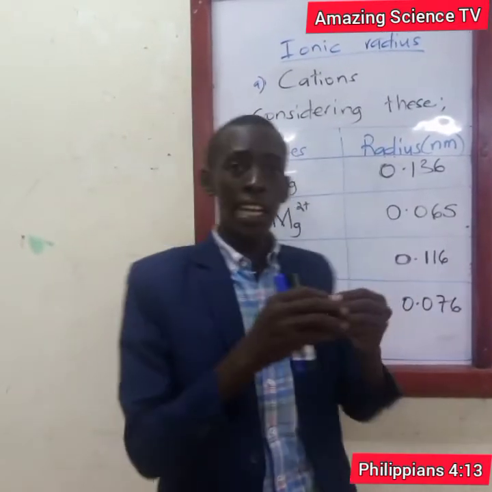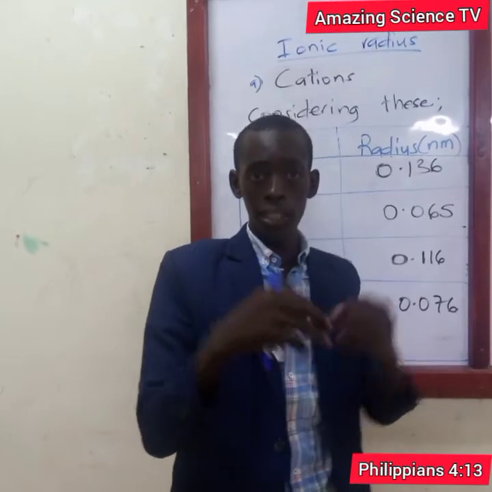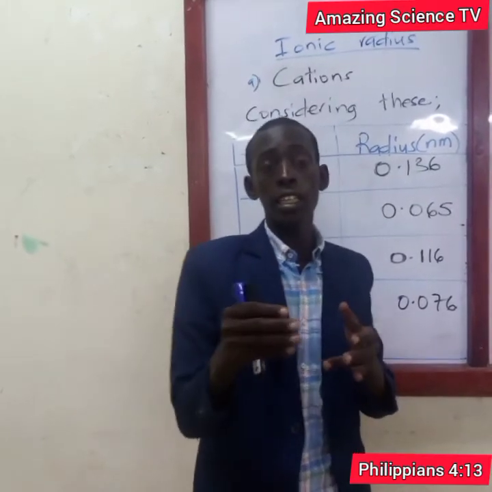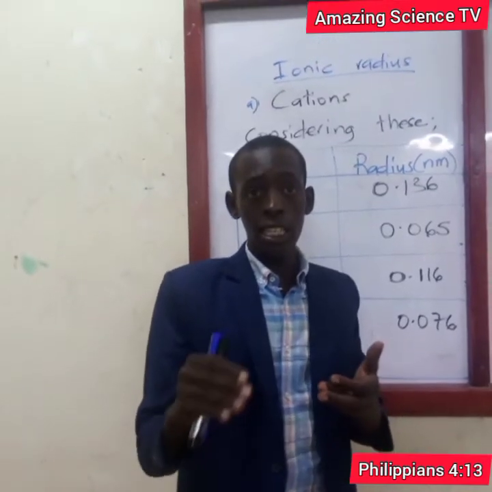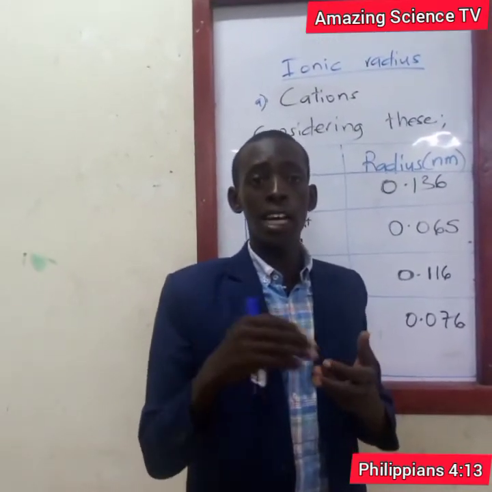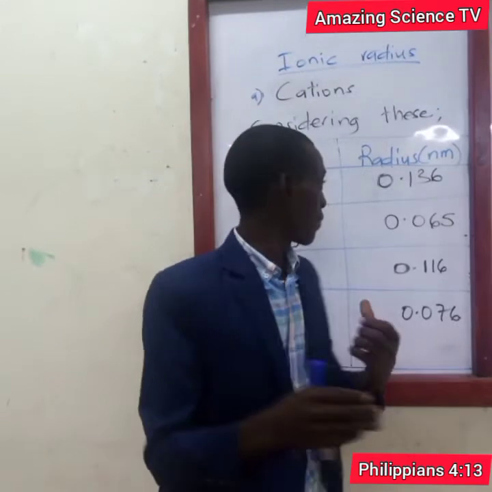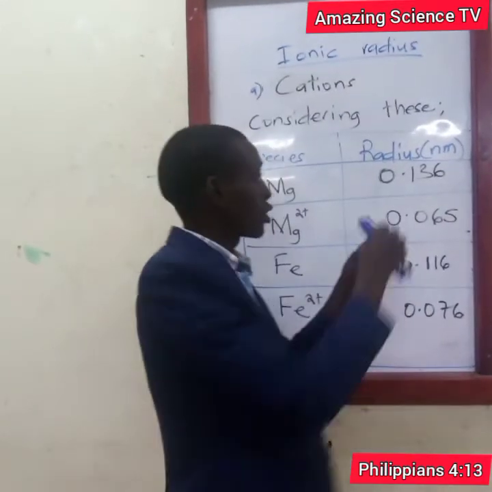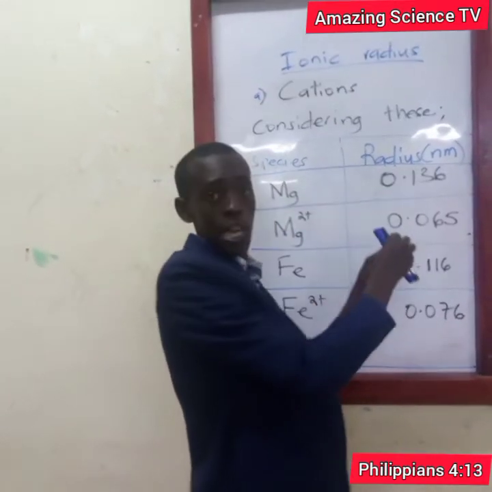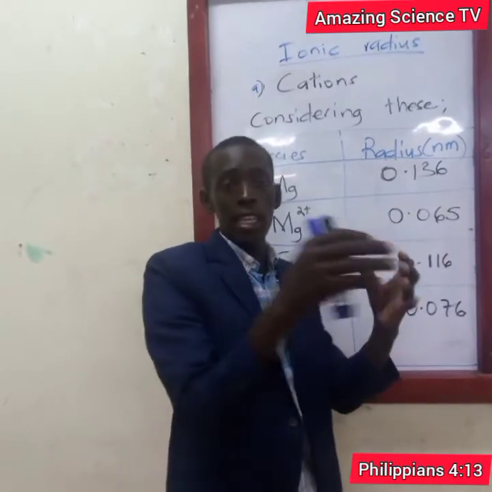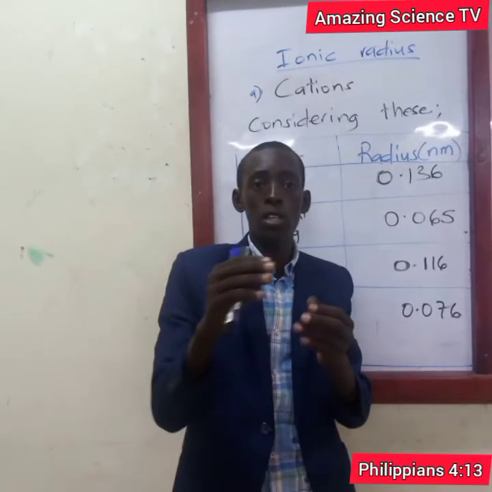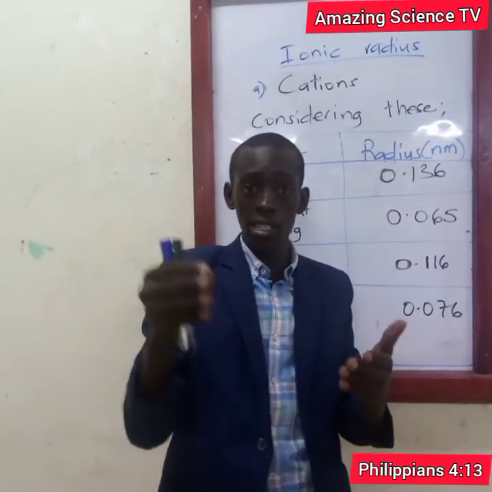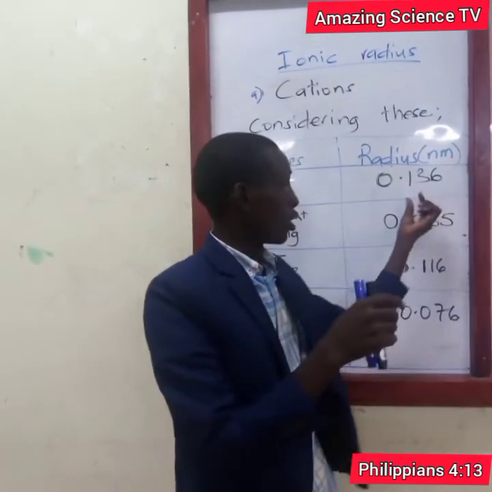When electrons are removed from the atom, the nuclear charge remains almost constant, as the screening effect decreases. Why does it decrease? Because the electrons are being removed. And so the outermost electrons are being pulled more to the nucleus because the effective nuclear charge will increase due to the removal of the electrons.